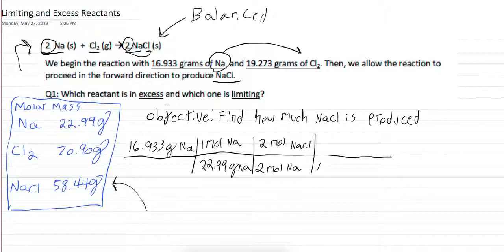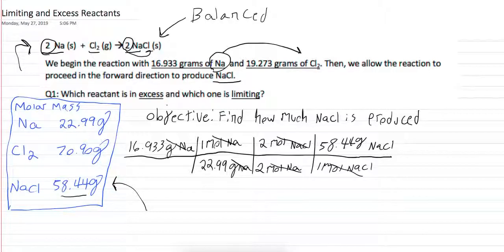For every 1 mole of NaCl, we look back at our lovely table, we know that it weighs 58.44 grams. Now we go back and we cancel our units. Make sure we did this correctly. Grams of Na cancel, moles of Na cancel, moles of NaCl cancel, leaving us in grams of NaCl.